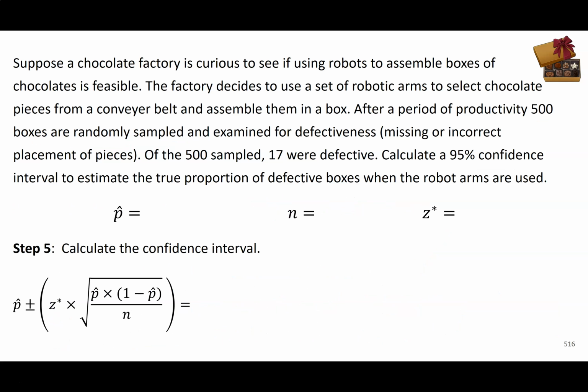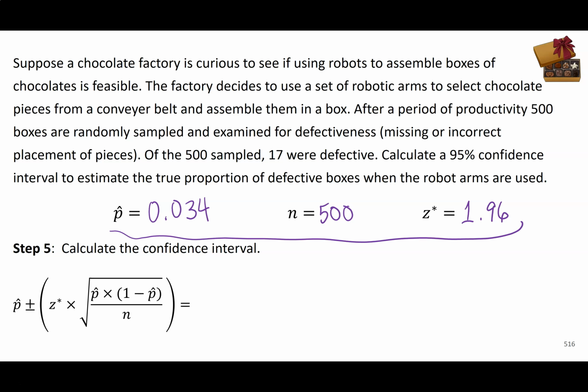So we're ready to start plugging everything in and calculate our confidence interval. 500 is such a nice big size there. So I have everything I need after I have these three values to plug in here.